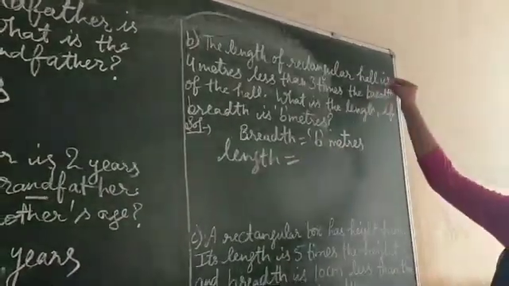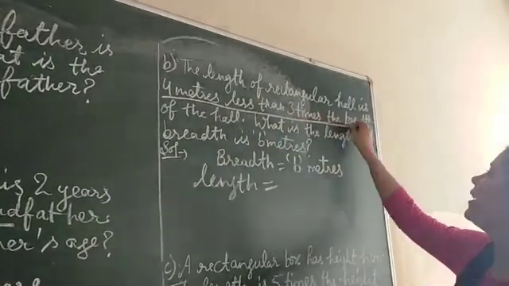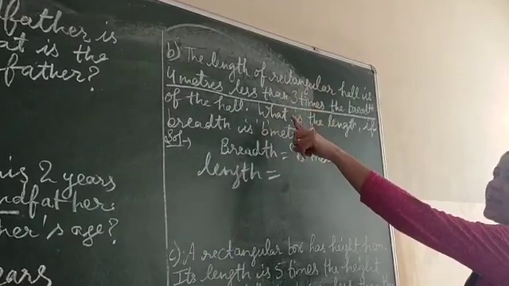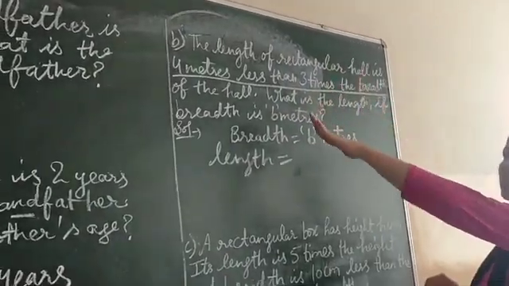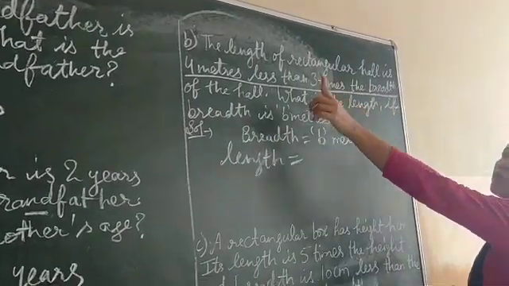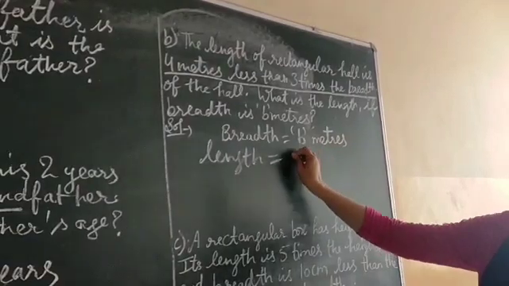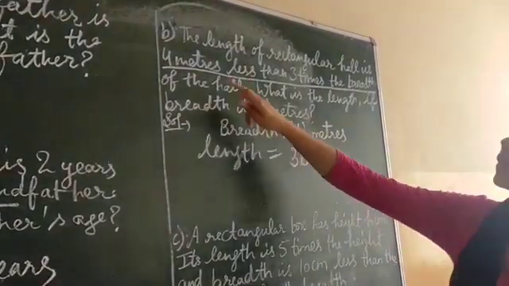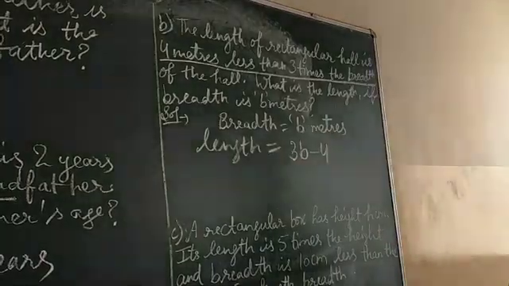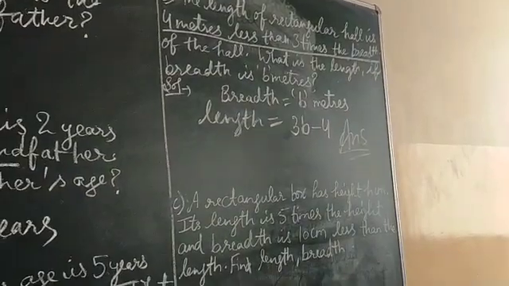So for length we say, look at this line, 4 meters less than 3 times the breadth. It means 4 मीटर आपने कम करनी है, 3 टाइम्स ब्रेथ करके उसमें से 4 मीटर कम करनी है. So 3 times the breadth, which is b, will be 3b, and 4 meters less than that, उसमें से 4 मीटर्स कम कर देनी है. So this is the length.